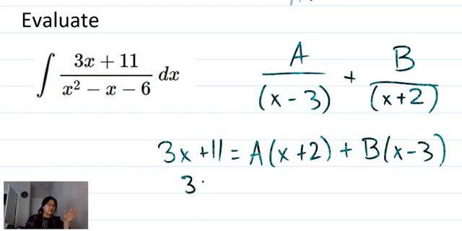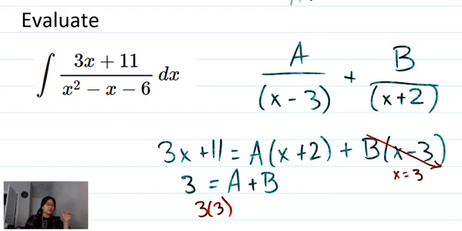So that means that we have 3 with our x, and that equals A plus B. And that's nice for later. Maybe we can try the plugging in trick. So if we just let x equal 3, then this all cancels. We have 3x plus 11 equals A times x plus 2.